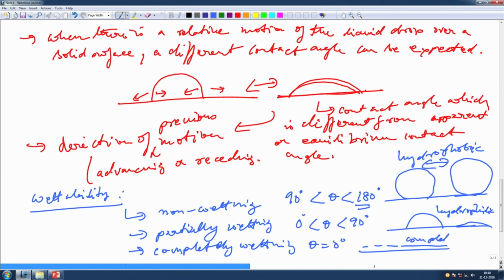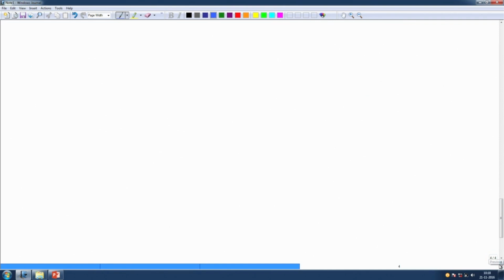This is a thin film, a completely wetting thin film, and thin film we will do in a lot of detail later on. Okay. So, this actually gives you the first idea, the definition of wetting.